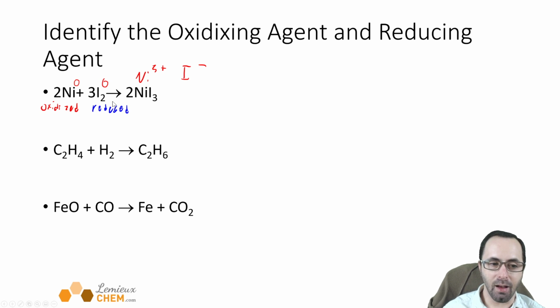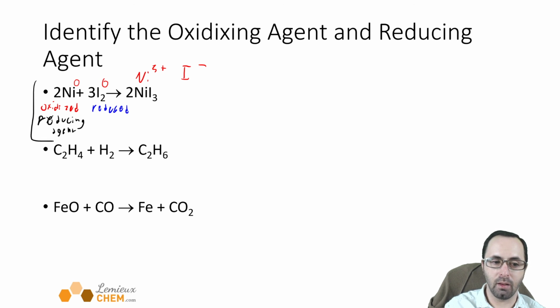Which makes the Ni the oxidizing agent, or sorry, the reducing agent, because it was oxidized. So the nickel is the reducing agent. The iodide, because it was reduced, is the oxidizing agent.